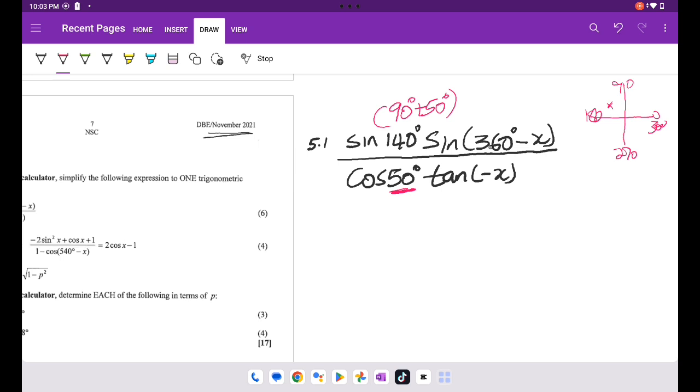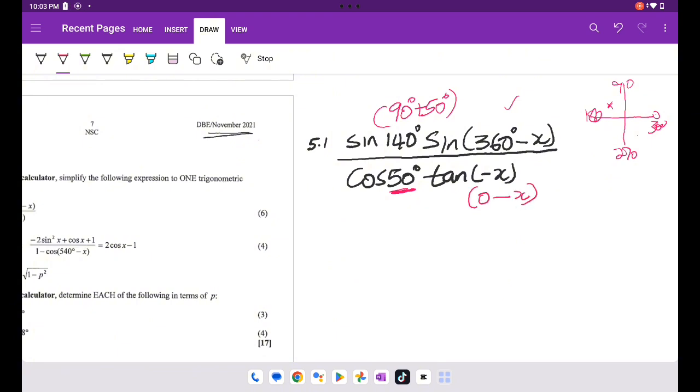So this one, sine of 360 minus x, it's fine, it's the way we want it to be. Now tan(negative x), it's in the fourth quadrant, it's 0 minus x, so that's why it's just negative x. We can just rewrite it as 0 minus x.